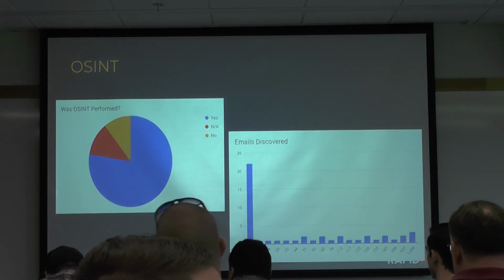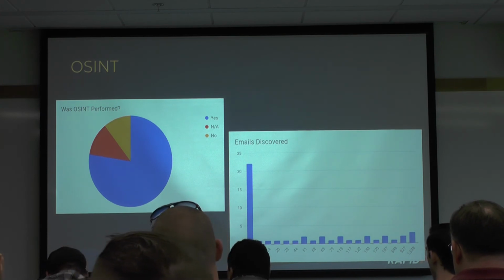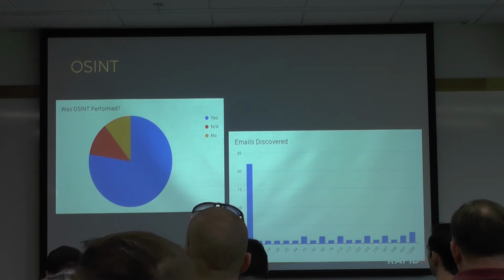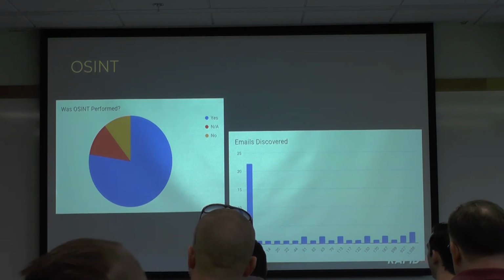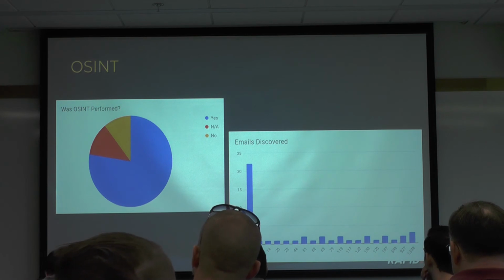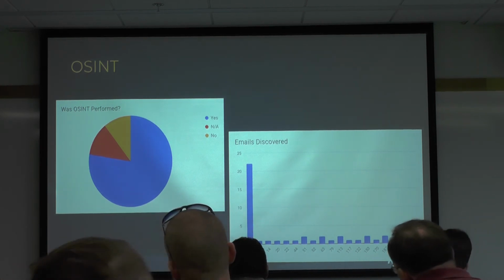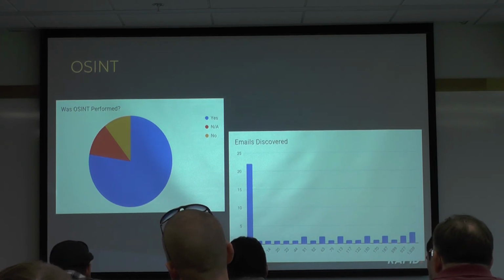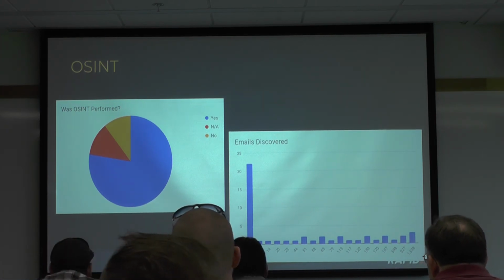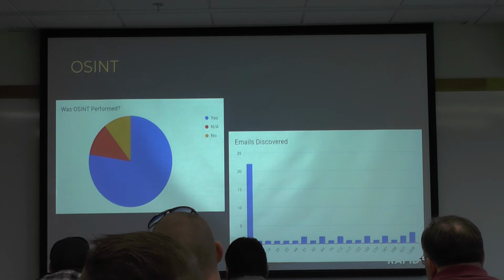So we'll kind of step into it. Our first question, of course, was OSINT performed or not? We found there were 3 answers, really. It was yes, no, and maybe, where the tester didn't say anything about OSINT in their report. And we looked at all the numbers that we found for people who were doing OSINT or mentioned it, and the largest point there was a 0. So, well, why was it a 0?